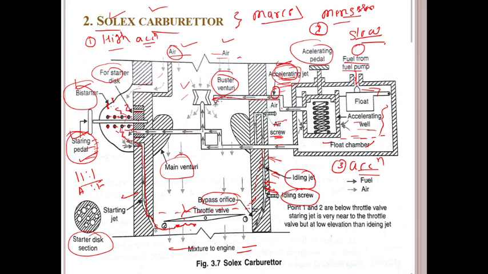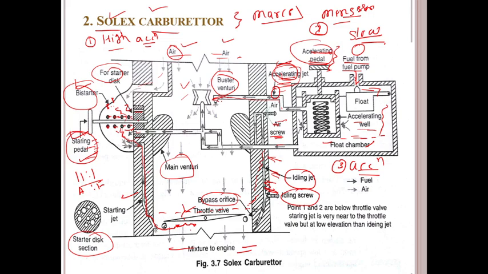If you observe here, the diaphragm is connected to the pedal. This accelerating pedal is also connected to the throttle valve. When we press the acceleration pedal, the acceleration pump will operate, and at the same time the throttle valve will open simultaneously.